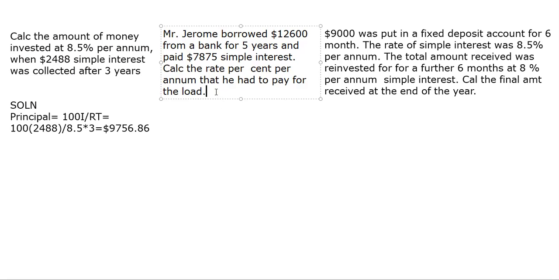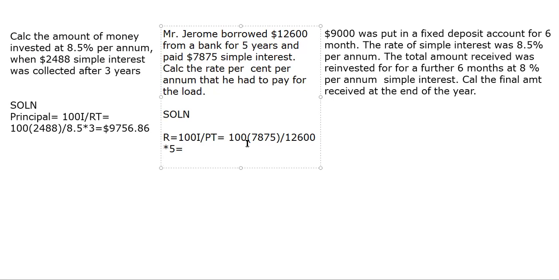All right, so that would be rate is equal to same 100I all over the other two, principal by time, which is 100 multiplied by 7875 all over principal 12,600 by time, which is 5 years.